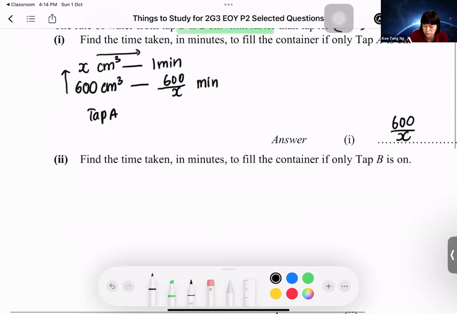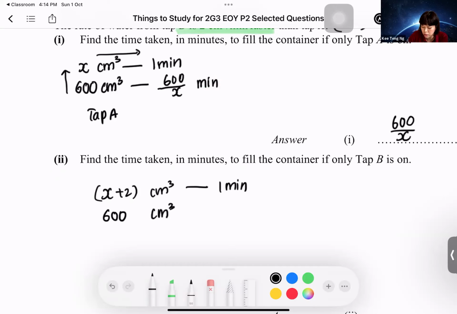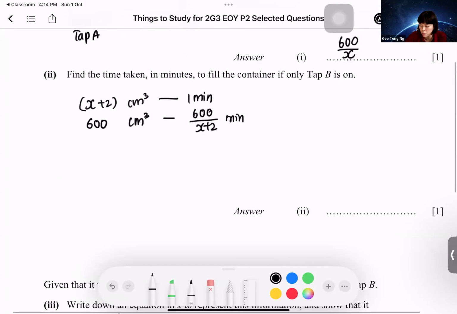The time taken to fill up the same container will be 600 over x plus 2 minutes. Now take note, everything is in minutes. So later when they give certain information, we must make sure the units tally.